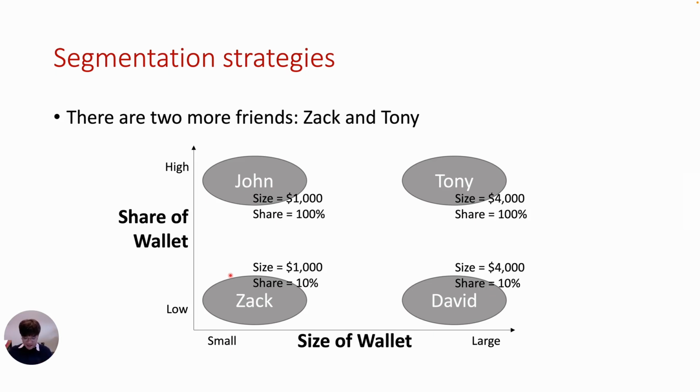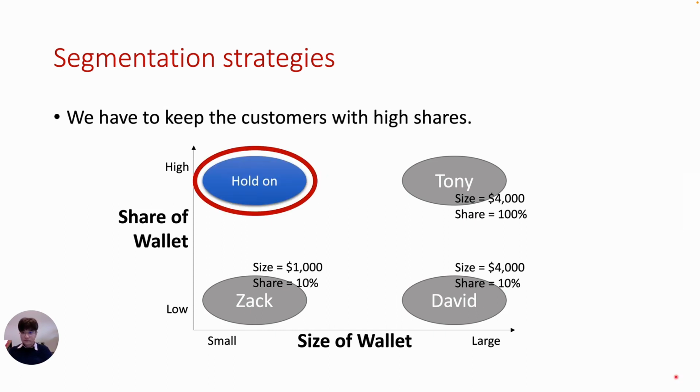Then let's think of a good strategy for John. He always shops at Kroger. That is, he is a very loyal customer. So we have to keep this customer for the next time. Then, how about Tony?